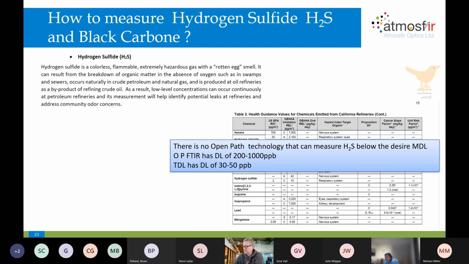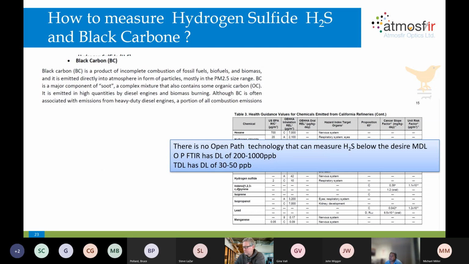And the tunable diode laser, I never saw someone go as low as 30. Some of them claim that they can go to 30. But again, keep in mind that the odor threshold for H2S is just a few ppb, like 5 or 7 ppb. And the threshold by OEHHA is 30 ppb. So again, using an open path technique for that will be meaningless.